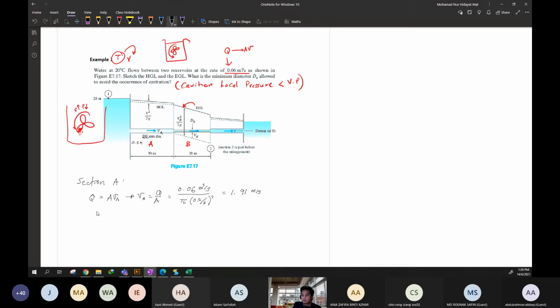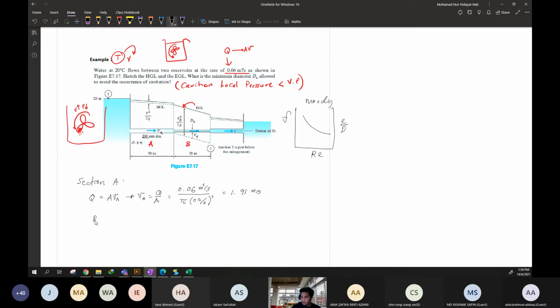So in order to get f, what do we need to find next? We need to find the Reynolds number. In the Moody diagram, this is f, this is the relative roughness, and this is the Reynolds number. So in order to get the friction factor, we need to find Re and epsilon over D.